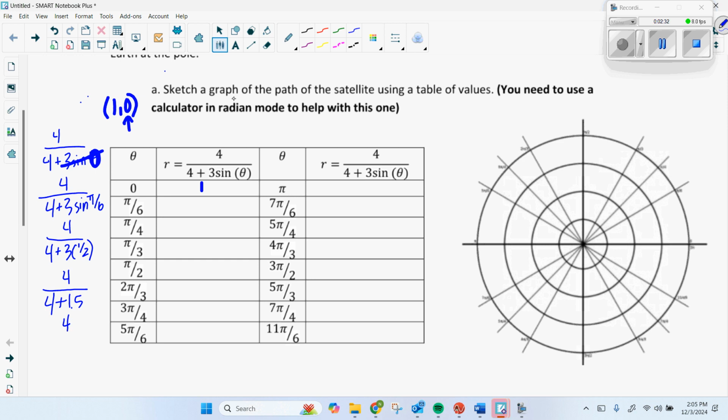So this is 4 divided by 5.5. And you'll notice up here that I said you can use a calculator in radian mode to help with this. So I was actually assuming that you would just type these numbers into your calculator rather than evaluating them with the unit circle. And if you do that, this is what you get.